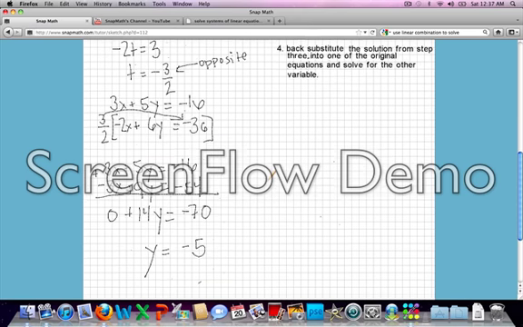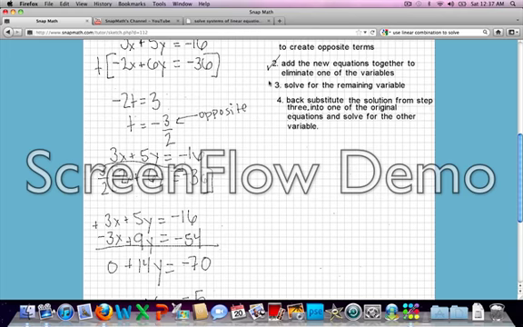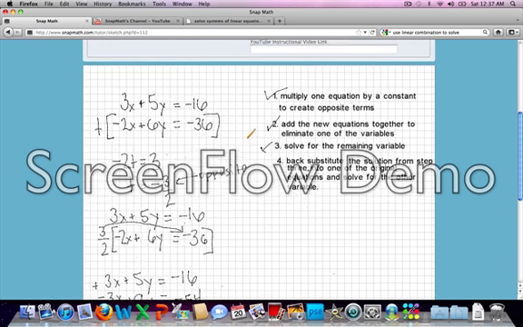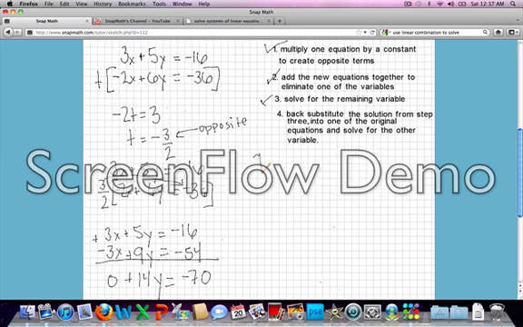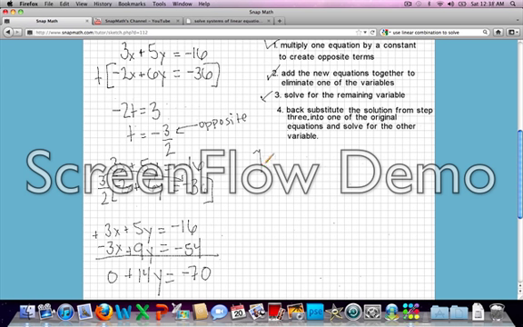So we can now take that and move on to step 4, which is we can put that value for y in one of our original equations. Doesn't matter which one. And we can reduce it to one variable again and solve for the other variable. So I guess I'll pick the first one just arbitrarily.